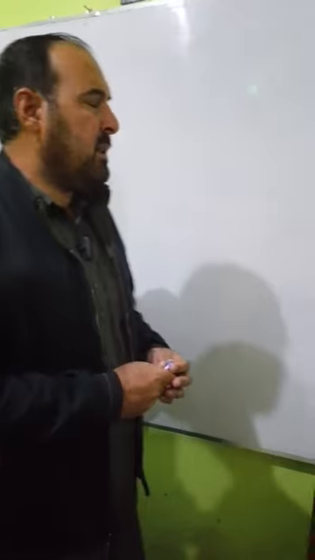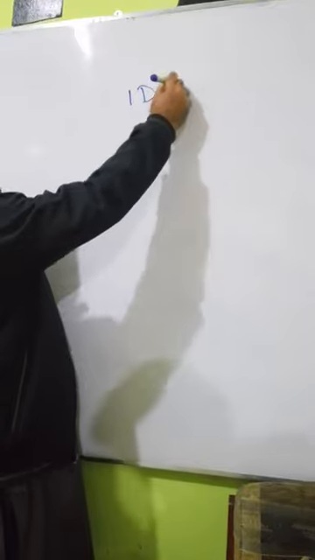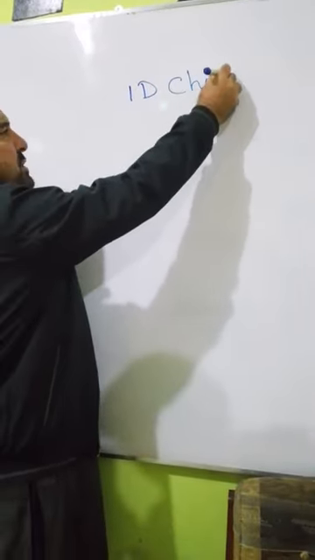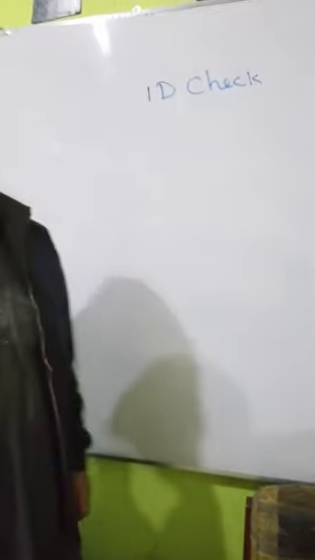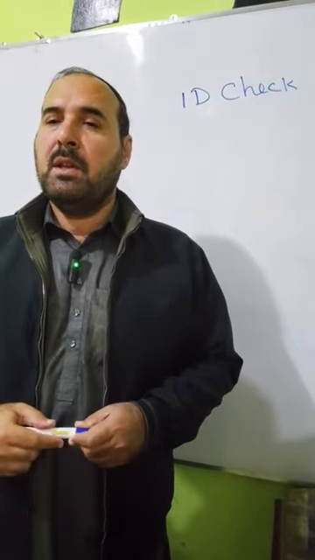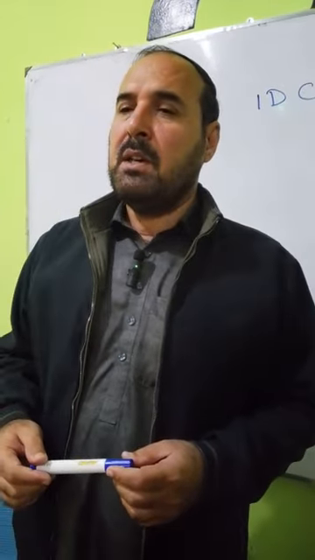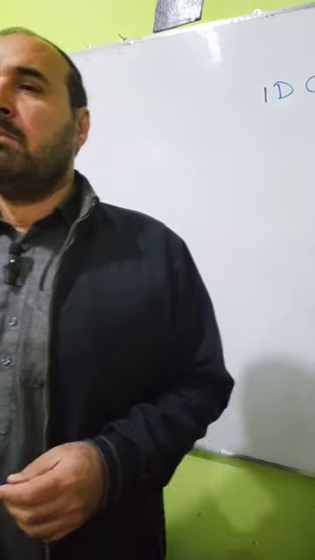So when the exam starts, right, first of all, the examiner will start the exam with ID check. ID check means identification check. The examiners want to confirm that the candidate sitting in front of them is not someone else, but the actual candidate.